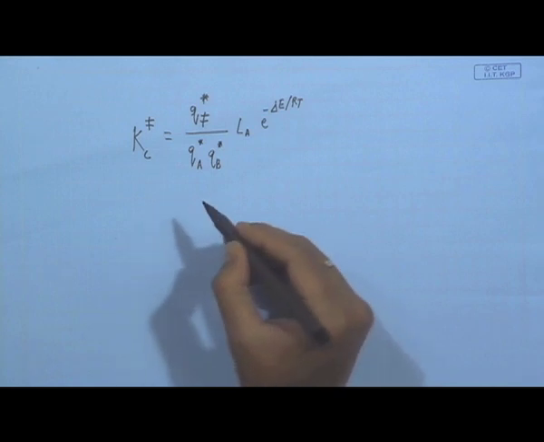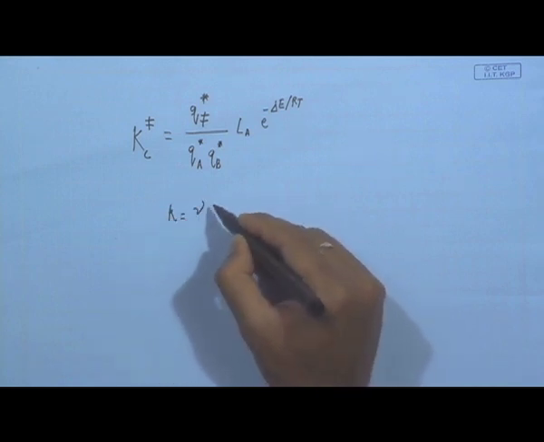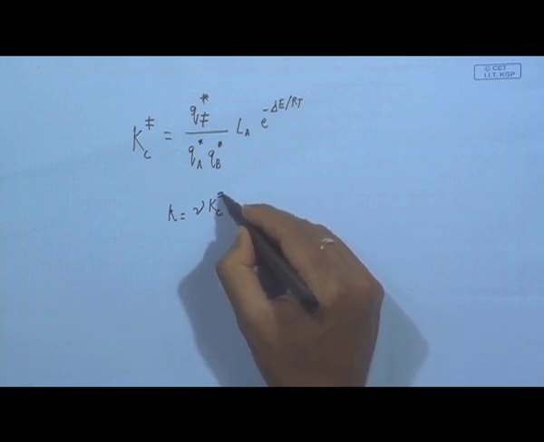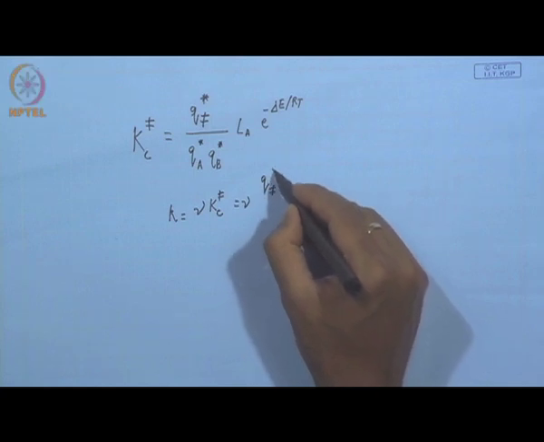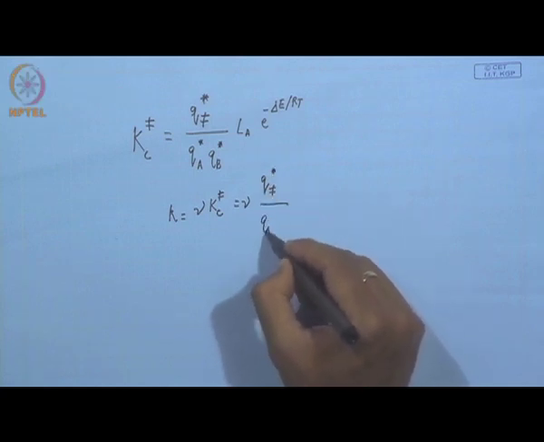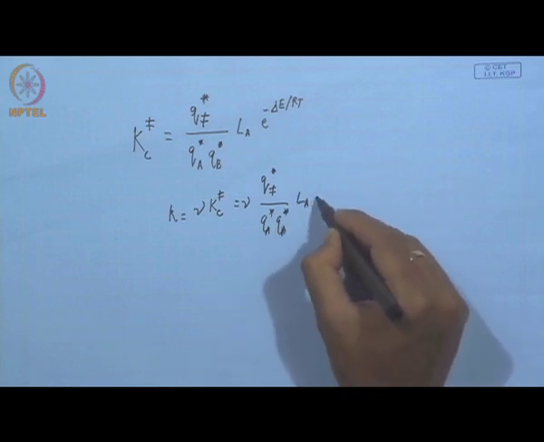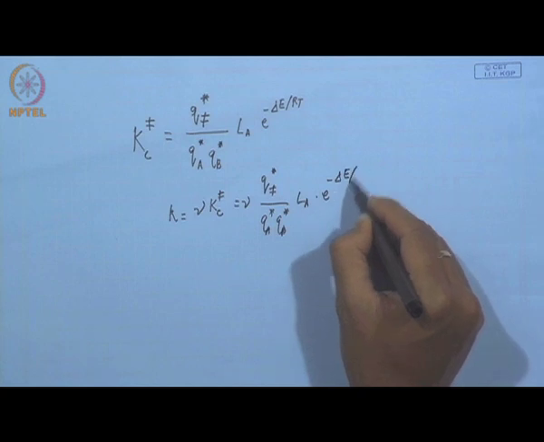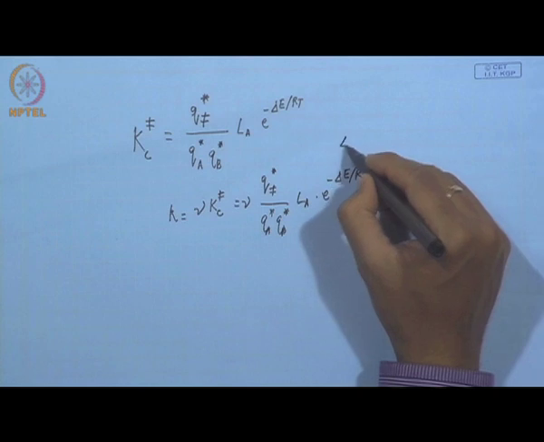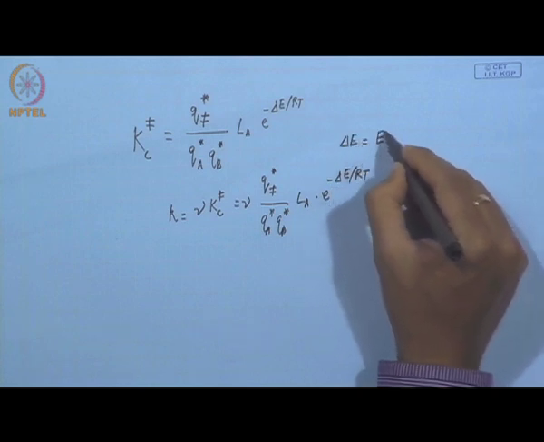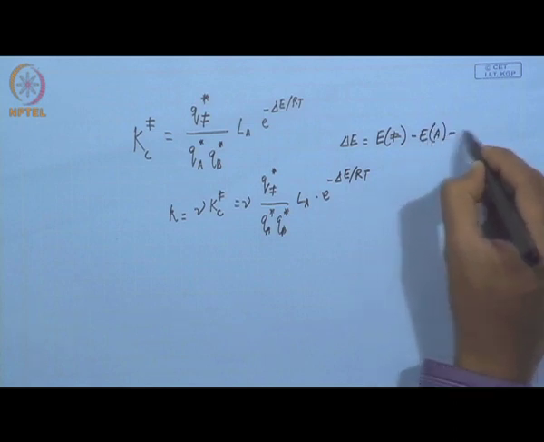So, ultimately K is equal to nu times Kc, which is nu times Q double dagger star over Qa star Qb star, times La, e to the power minus delta E by RT, where delta E is E double dagger minus EA minus EB.